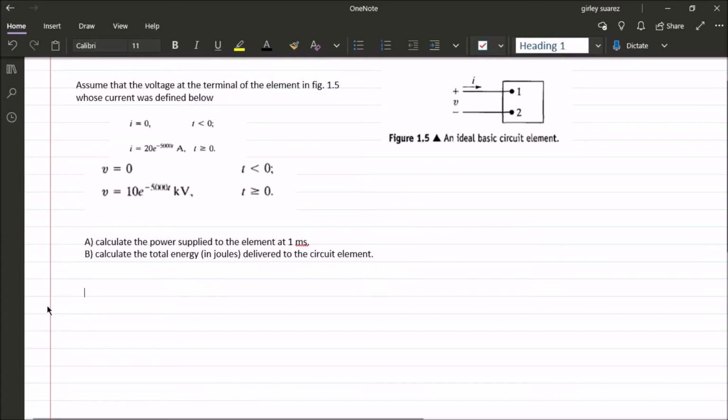So the formula is P equals VI. We have the equations for V and I, so we just substitute them.